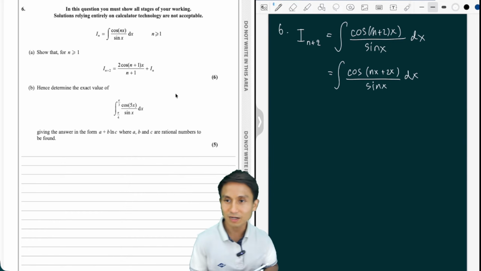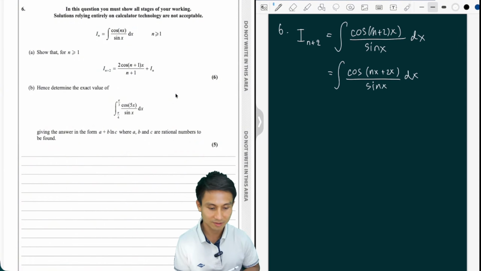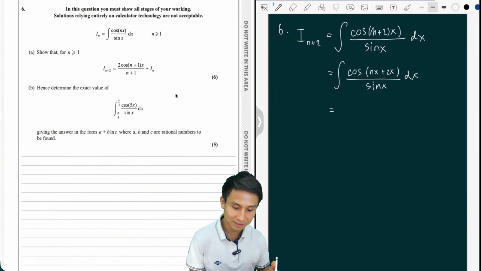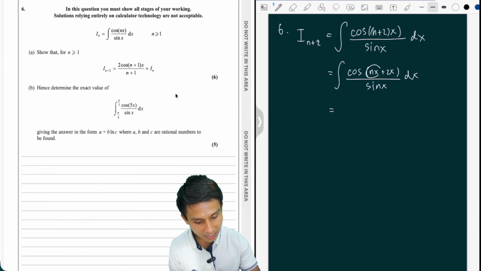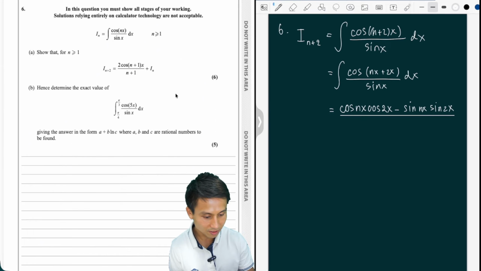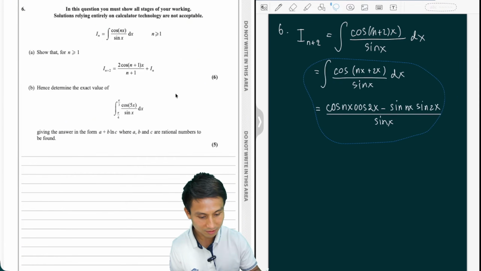It's kind of like an addition formula, right? So we're going to use cos A plus B to expand that and see what we get. Cos A plus B here is going to be cos A cos B minus sine A sine B, and all divided by sine x. We're not done yet.